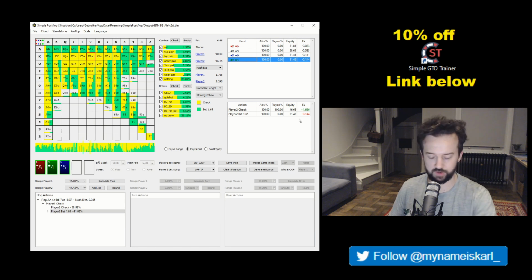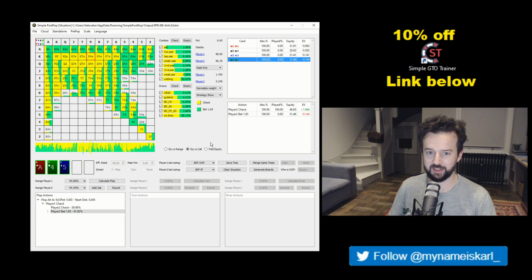and rivers. So I just want you to keep this in mind, that sometimes the flop checkback will be plus EV, or a certain line will be plus EV, even though you have to fold versus a turn or river probe from villain. This doesn't mean you made a bad decision.